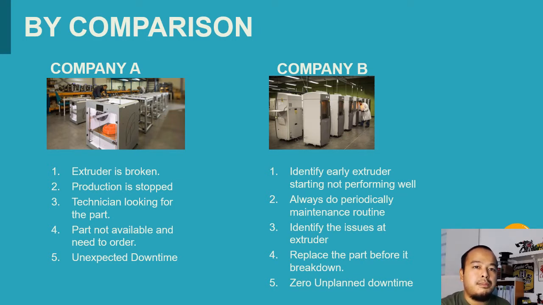Company A only suddenly got the problem with the extruder. Because company B identified the issue early, they can order the part early, before the machine totally breaks down, and replace the part before it breaks down. For example, during the rest time between shifts when the machine stops, they can replace the parts, and when the shift resumes the machine resumes operation. So in total, zero unplanned downtime.